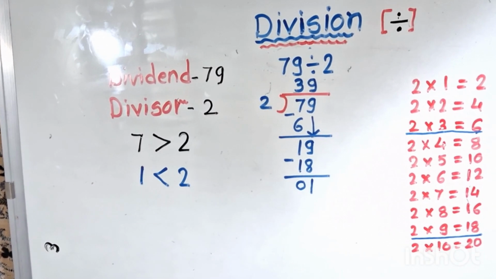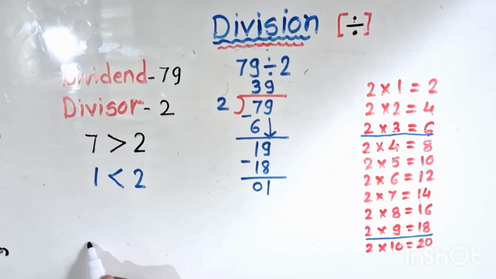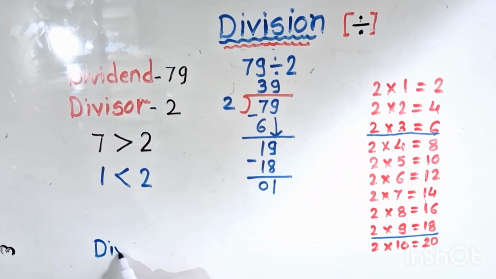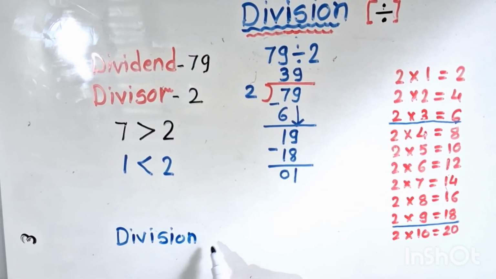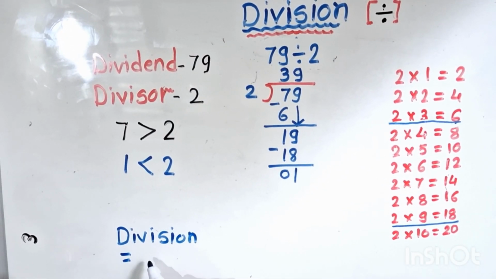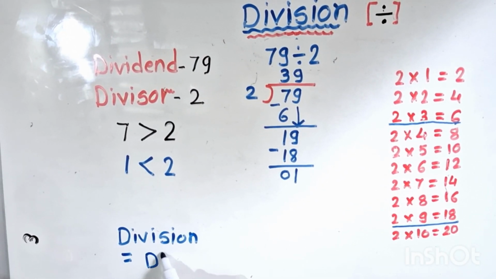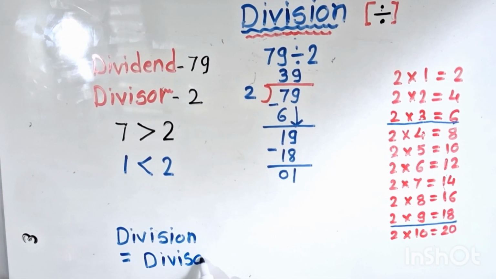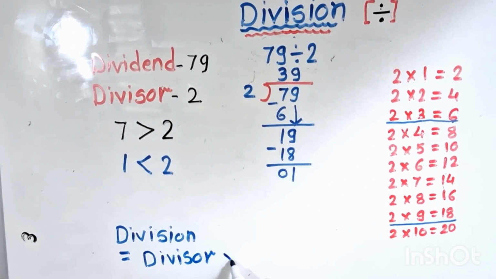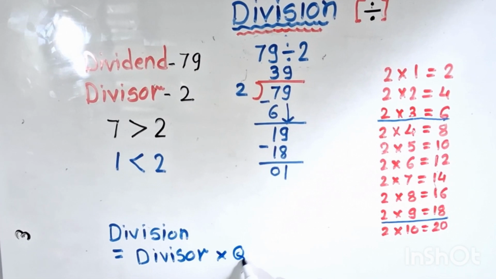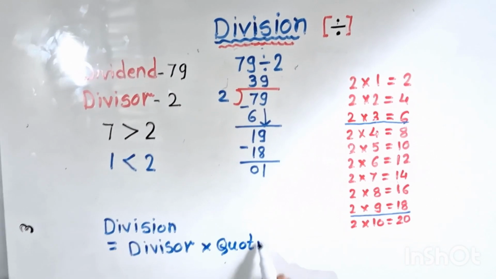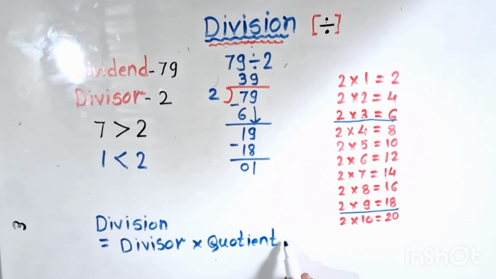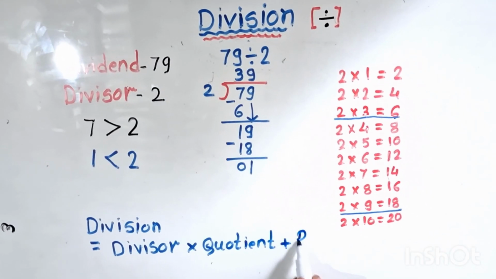What is the formula of division? See, dividend is equal to divisor multiplied by quotient plus remainder.